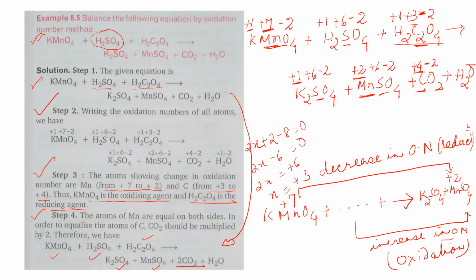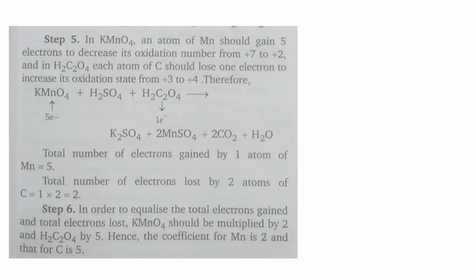Now let me see what is step number 5. After balancing the number of atoms which are undergoing oxidation and reduction, that is step number 4, now step number 5 is you have to see how many electrons are lost or gained by these two atoms, that is manganese and carbon.